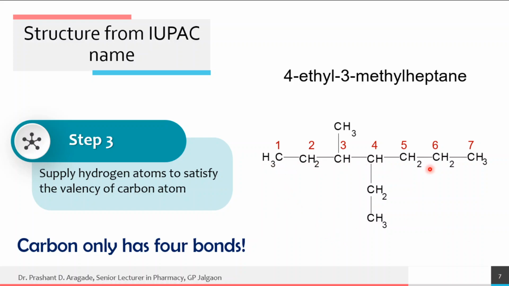As this chain contains 7 carbon atoms, at the 4th position there is an ethyl substituent and at the 3rd position there is a methyl substituent. So this is how we are able to draw a structure depending upon the name of a compound given by the IUPAC nomenclature system.